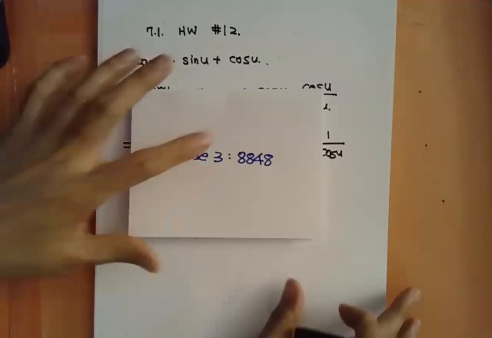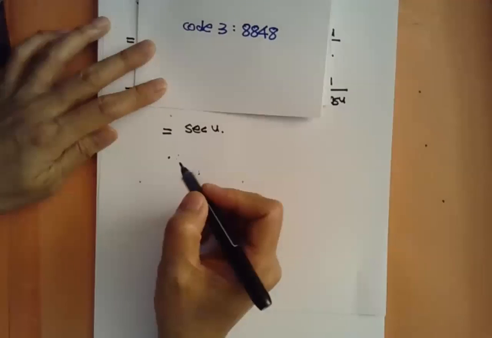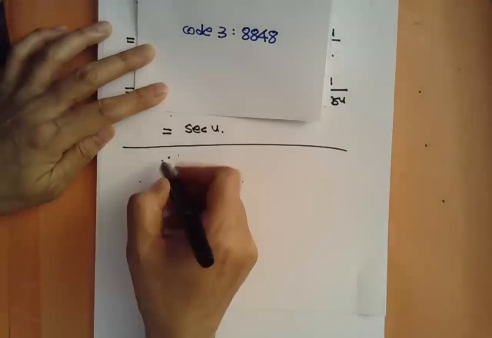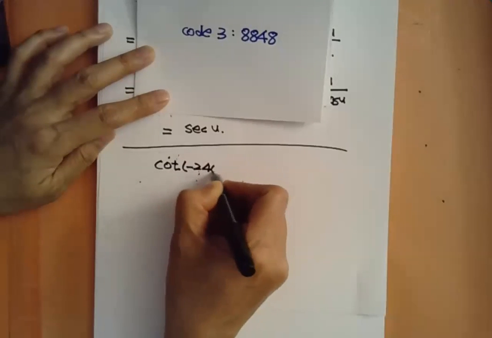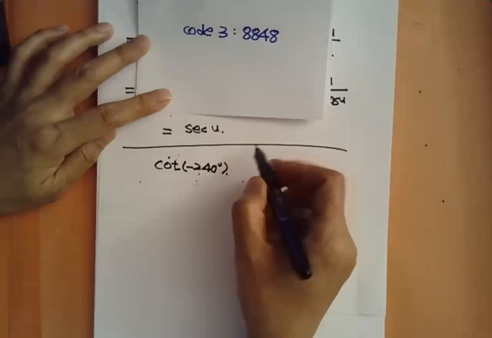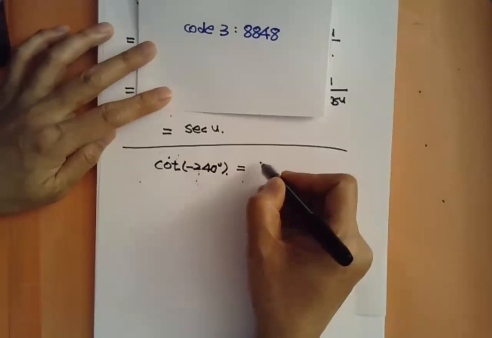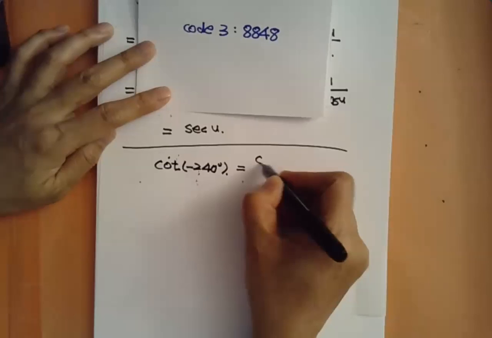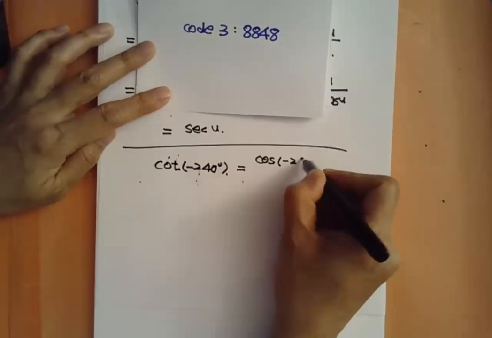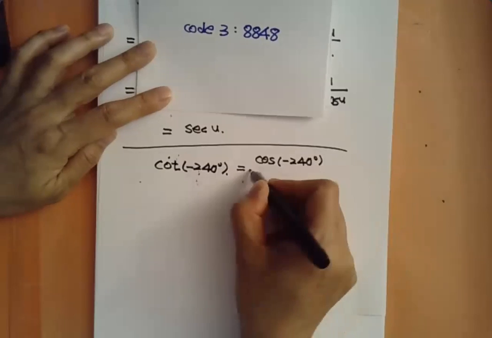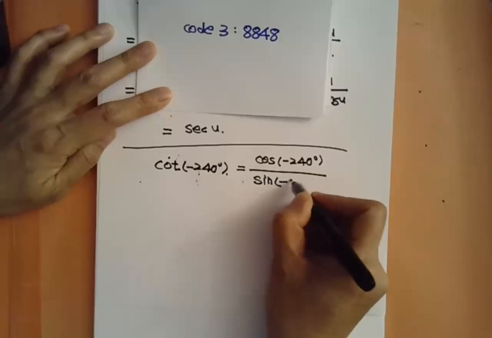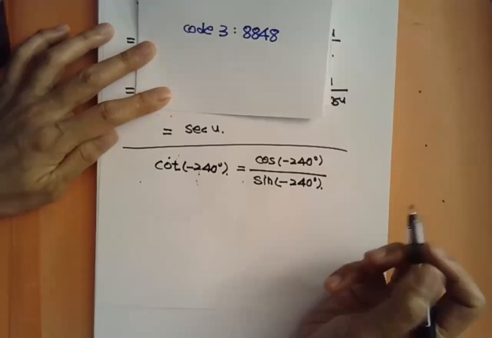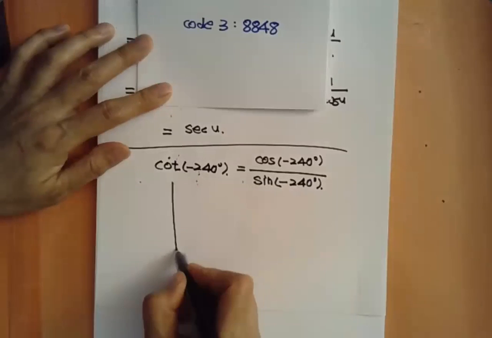Yeah, I can do that problem. So tangent of minus 240 degree. So that is cosine of negative 240 degree over sine of negative 240 degree. So we want to locate the angle.